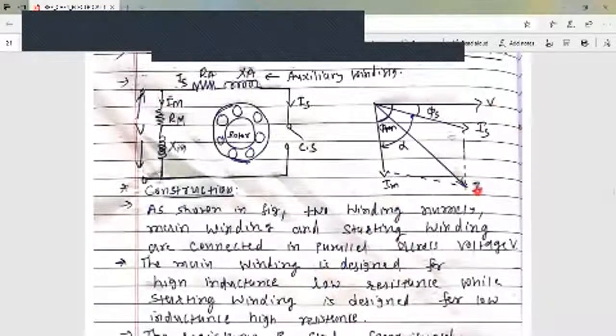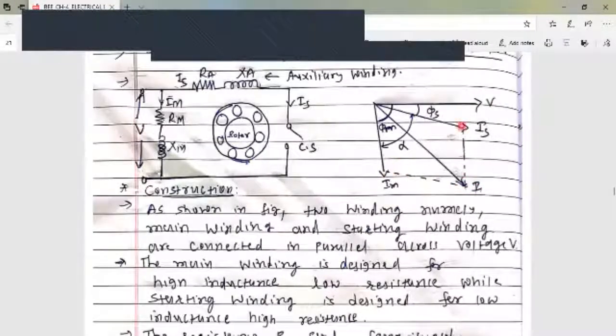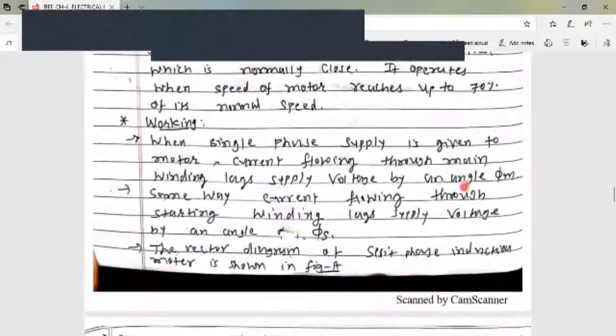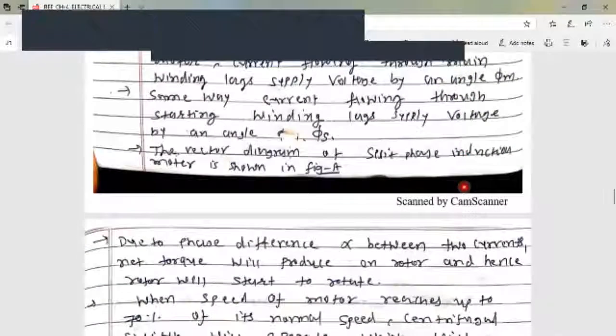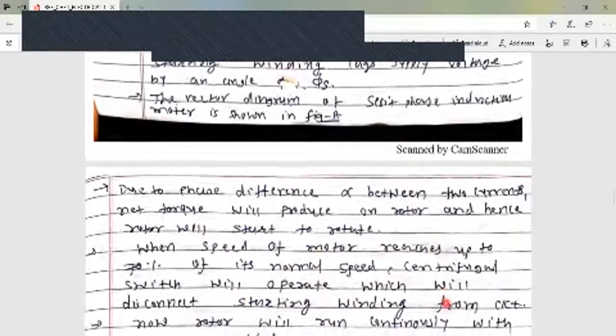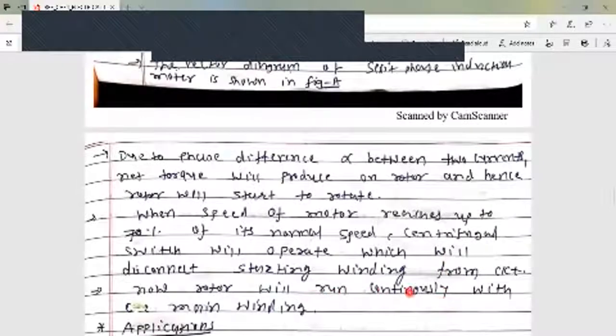We can draw the resultant current by this parallelogram, and this diagonal represents the resultant current I. Due to the phase difference between the two currents, net torque is produced on the rotor, and hence the rotor will start to rotate. But when the speed of the rotor reaches 70% of its normal speed, this switch will operate, which will disconnect the starting winding from the circuit. Now the rotor will run continuously with the main winding.